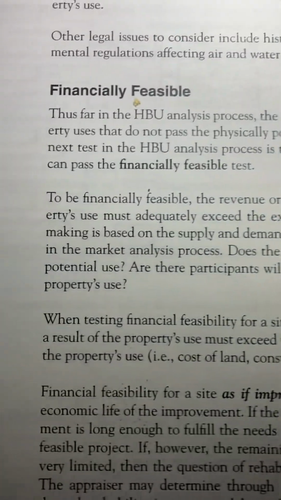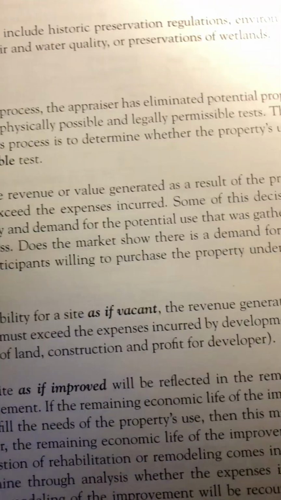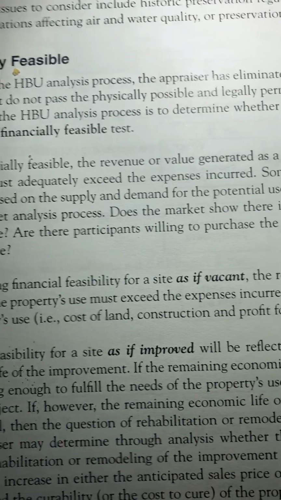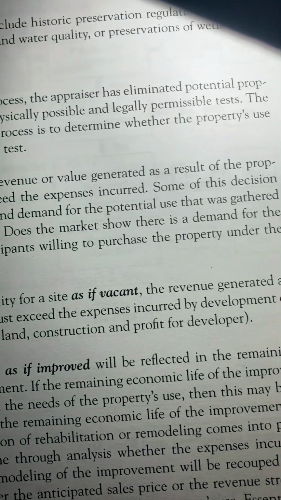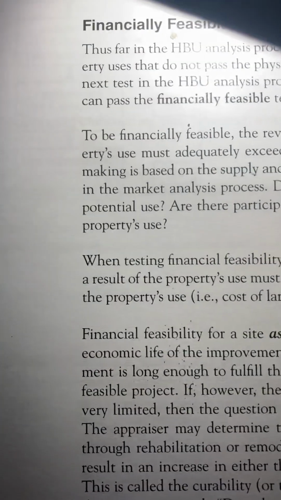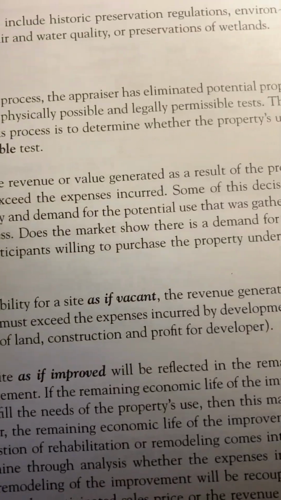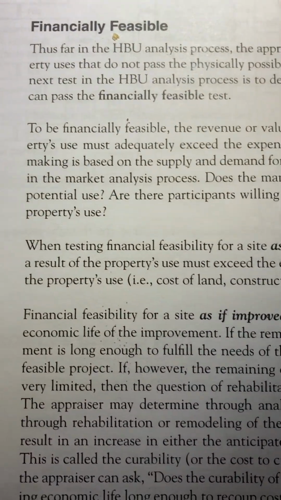Some of this decision making is based on the supply and demand for the potential use that was gathered in the market analysis process. Does the market show there is a demand for the potential use? Are there participants willing to purchase the property under the property's use?